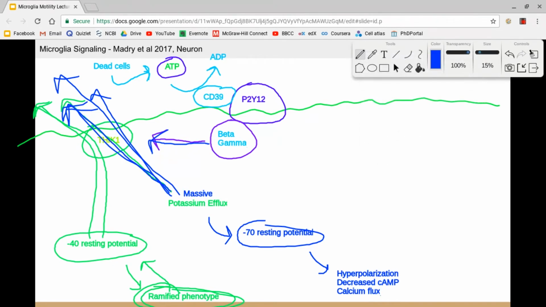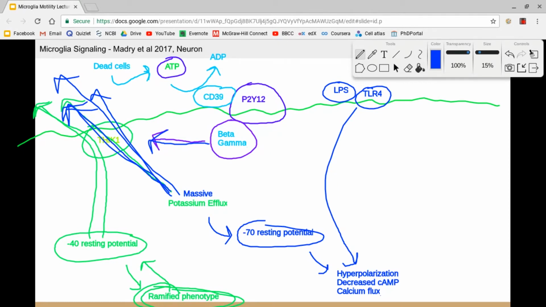Some of this might actually be due to other receptors being activated at the same time. Maybe there's LPS or lipopolysaccharides from bacteria that might be activating toll-like receptors. So I'm adding this because this is another way that we see calcium flux or decreased cyclic AMP.